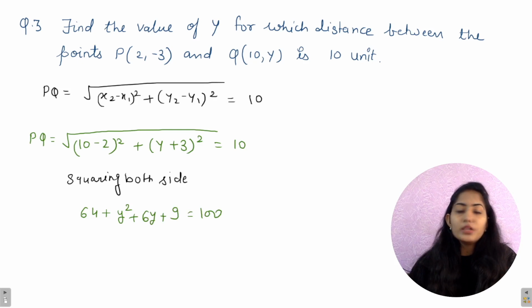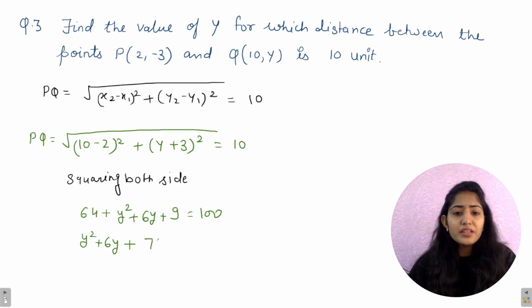Okay, because we are doing squaring on both sides. Squaring both sides removes the root and squares this side. So when we solve it further, it will become y square plus 6y, and it will be 73 minus 100.